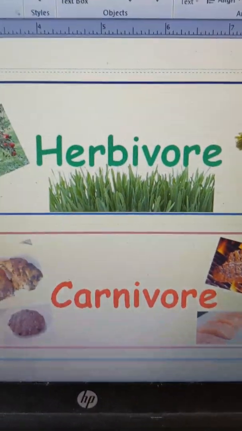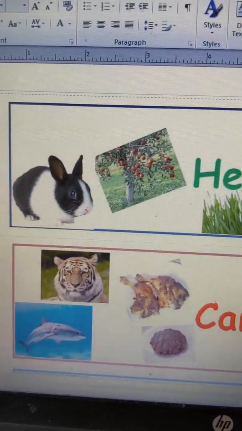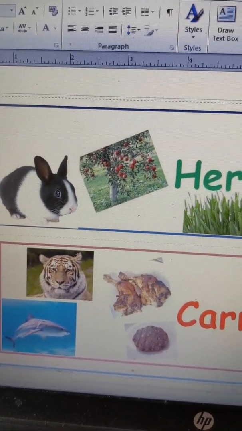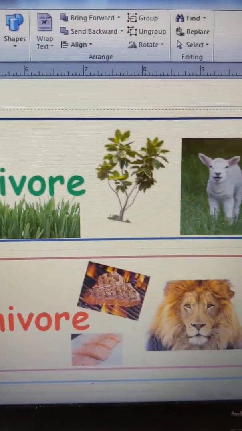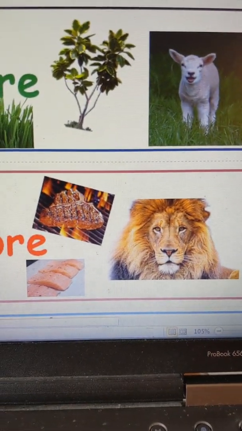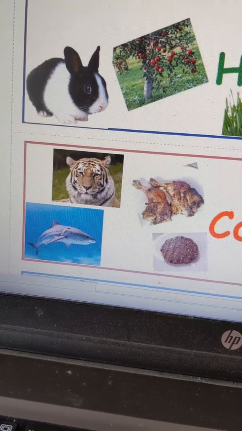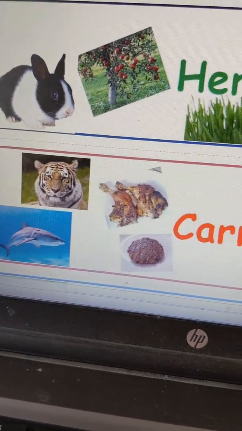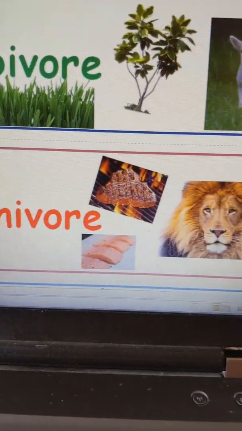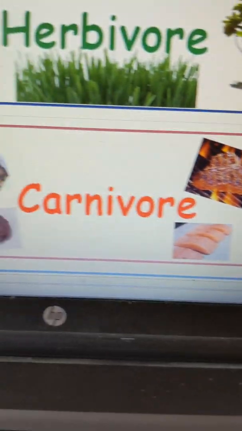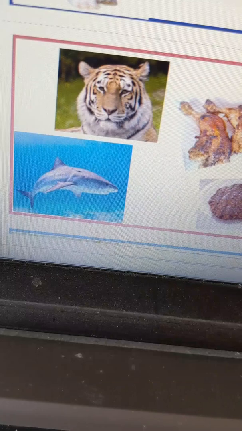So the herbivores only eat plants, grass, fruits, things that grow from the ground. And carnivores only eat meat. So think about these types of animals. I want you to think about the types of teeth this lion has, or this tiger and the shark.